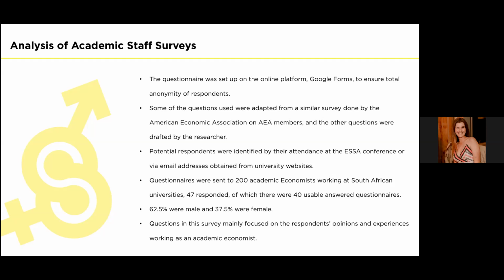Surveys were sent to 200 academic economists, of which only 40 answered questionnaires were usable. From the respondents, 62.5% were male and 37.5% were female. This is unsurprising, though, given the dominance of males amongst academic economists.